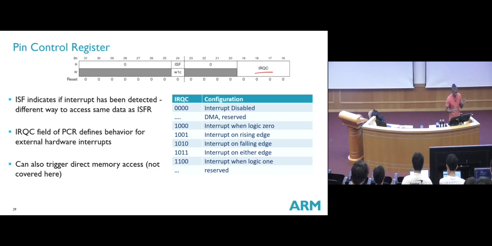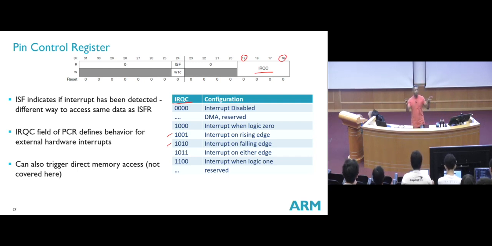So for the PCR register, bits 16 to 19 are used for the IRQ configuration. If I want to interrupt on rising edge or falling edge, depending on what I want, I need to configure these bits. How to configure these bits?